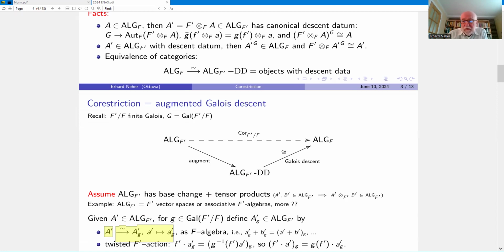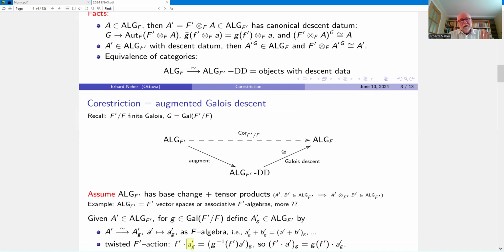By saying that if I have an element of my field F prime, it should act on A prime lower g by the following rule.